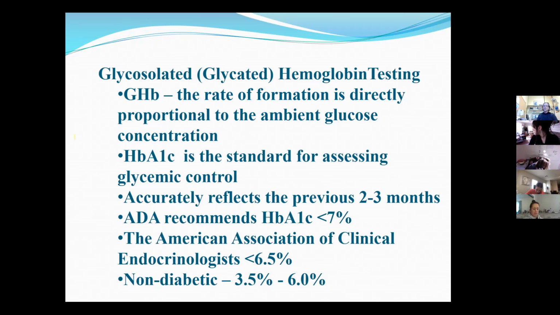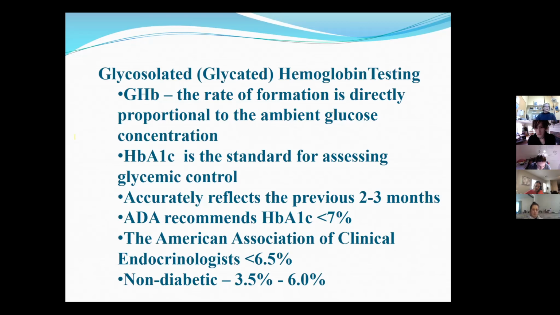If we look at how glycosylated the hemoglobin is in that sample, it gives us a number that's the average of all of those red blood cells. And so it tells us what's been going on previously, as opposed to the blood glucose monitoring that tells us what's going on immediately. Does that make sense? Yeah, good.